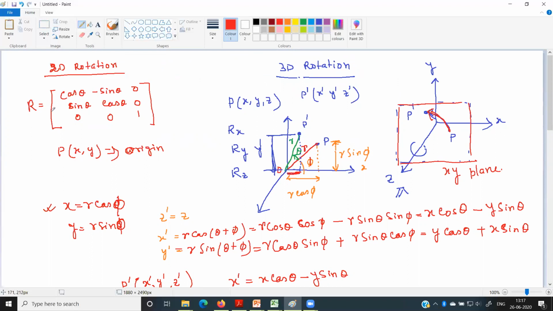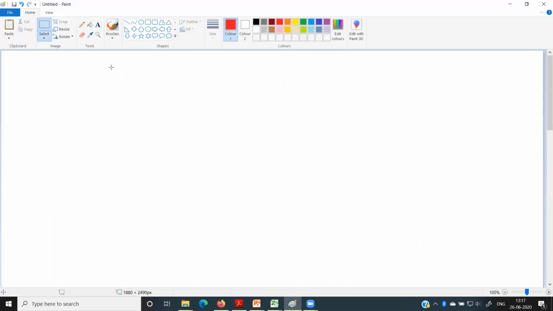Now next, I will discuss reflection. Like 2D reflection, the 3D reflection is also performed in the 3D plane. In case of 2D reflection, the reflection is performed in the 2D plane, either with respect to the x-axis or y-axis, or about the origin.